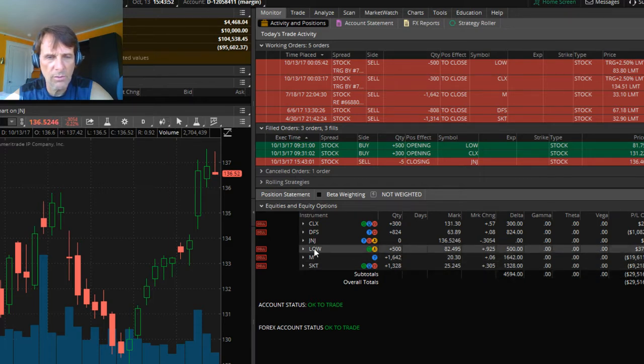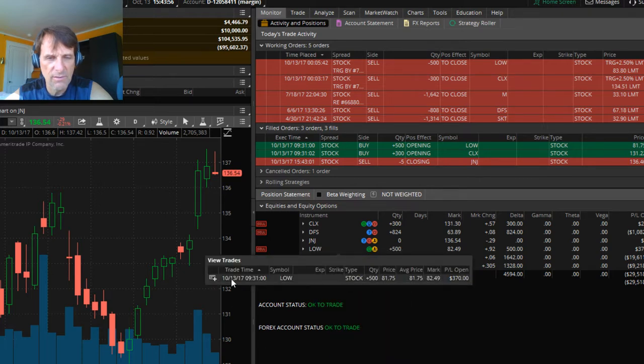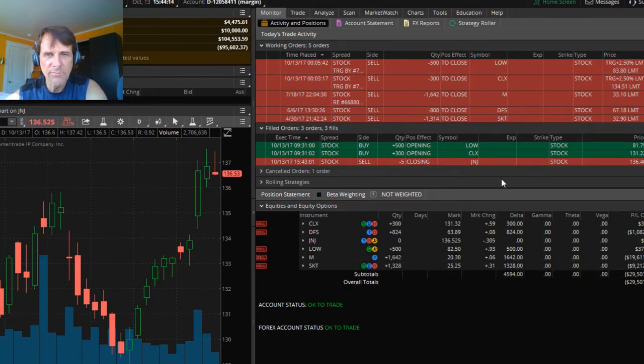Where are we on Lowe's? We have 500 shares. That's it. 1013. We bought at 81.75. That's Lowe's. And it's at 82.49. Looking at 83.80. So we've got a little bit further for it to go. So that's probably a couple of days for Lowe's.